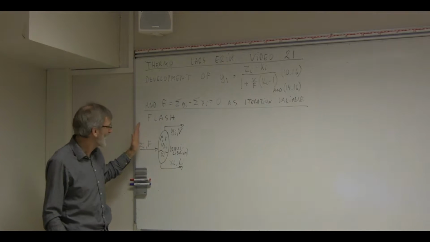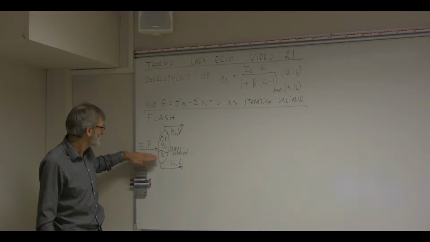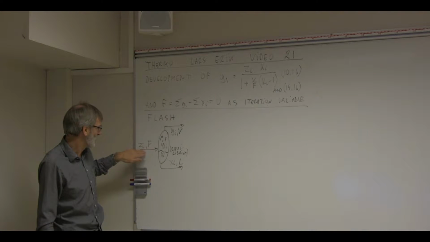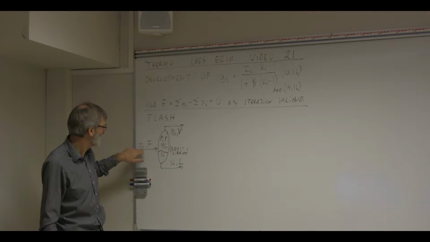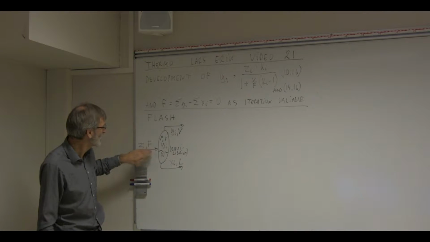The flash situation is that we have a feed with a known composition. The z's are the fractions, F is the total feed.